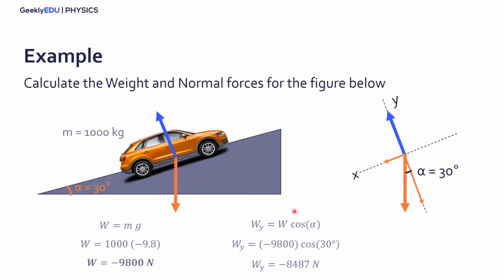Alright, so the weight in the y direction is the weight times the cosine of 30 degrees, and it gives us negative 8,487 newtons. Well, the normal force should be the same value but in the opposite direction, pointing up. So it's positive 8,487 newtons.